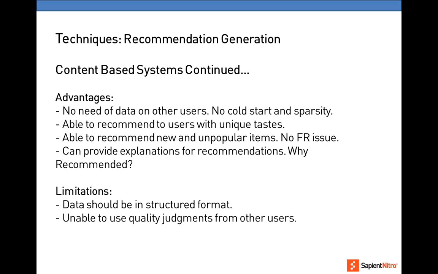And the last one that I really like is that you can provide explanations for the recommendations, that is, why we have recommended this product to you. I have seen it a lot of times on Amazon, the "why recommended" option. If you click on it, it opens a modal and tells you why. Let's talk in terms of a movie: you hover over a movie and ask why you were recommended this movie.